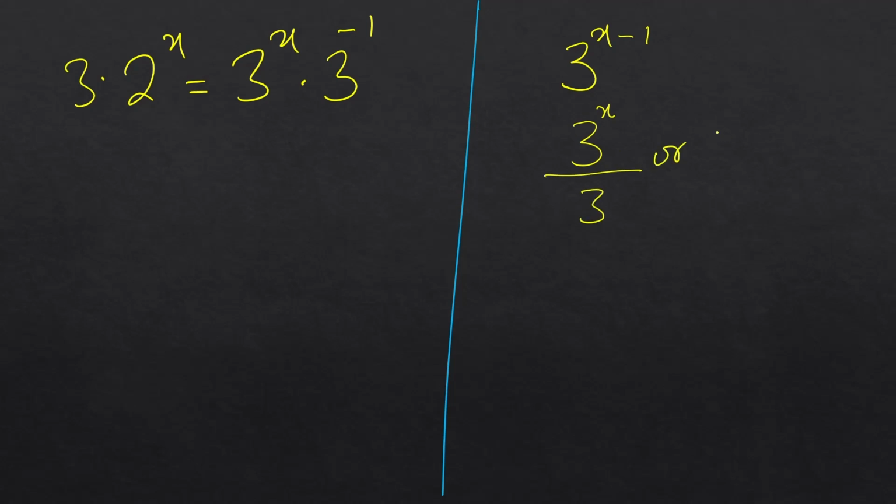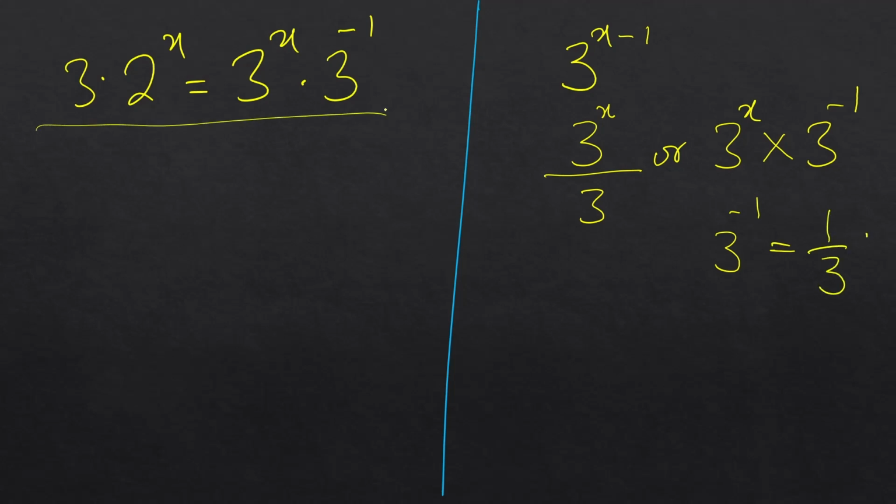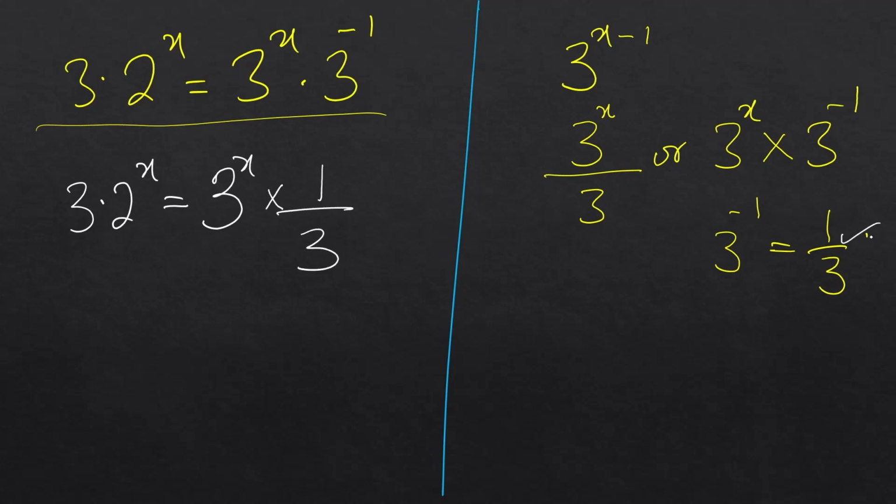Or it can be the same thing as 3 raised to x multiplied by 3 raised to minus 1, because I know that 3 raised to minus 1 is the same thing as 1 over 3. So these are the properties that led us to this point. Let me go back to this. We have 3 dot 2 raised to x equal to 3 raised to x multiplied by 1 all over 3.